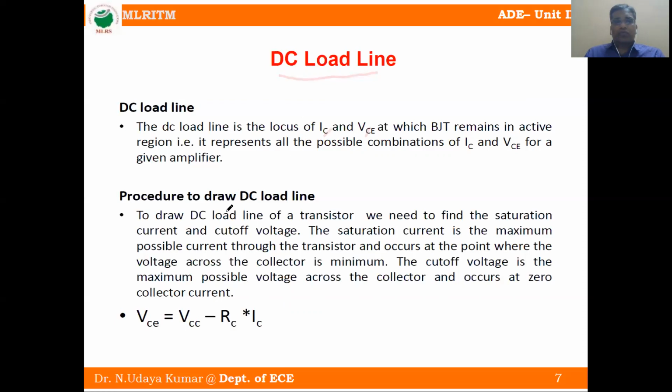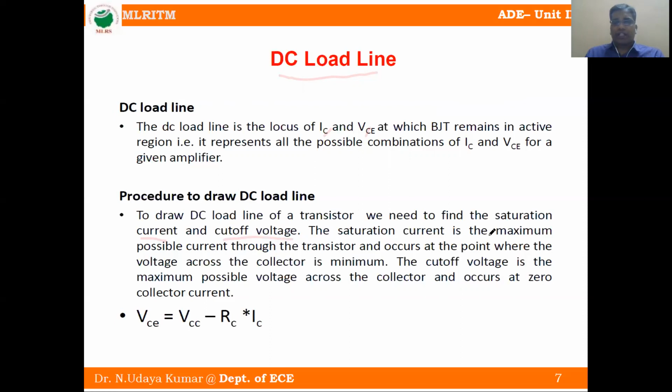Procedure to draw the DC load line: how to draw the DC load line in the output side, VCE versus IC. To draw the DC load line of a transistor, we need to find the saturation current, which is IC, and the cutoff voltage, which is VCC.